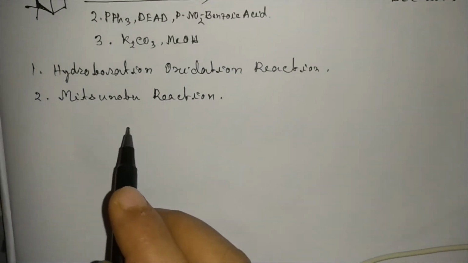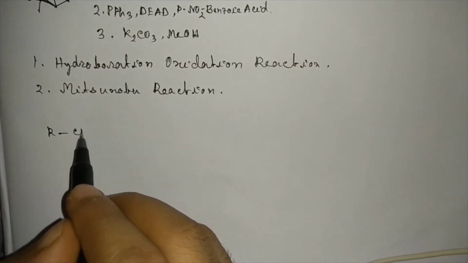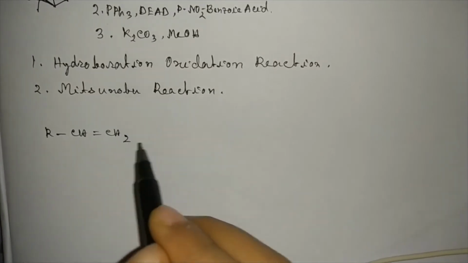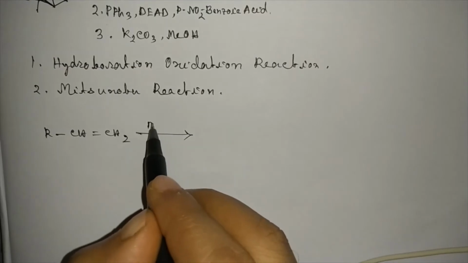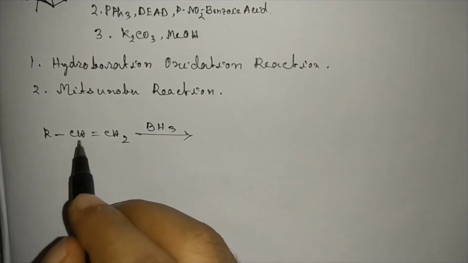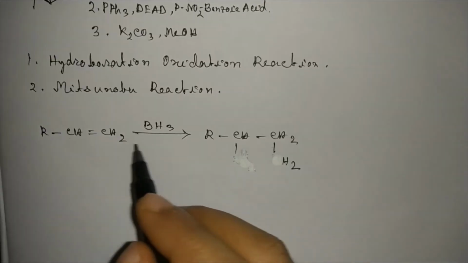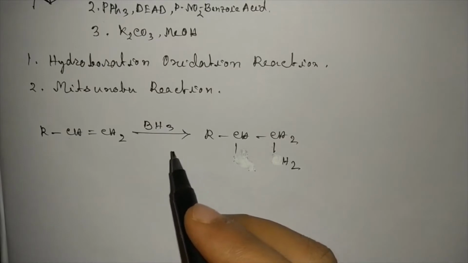So in hydroboration oxidation reaction, let's say an alkene, if it is treated with BH3, then BH3 will add to this alkene. Syn addition will happen.